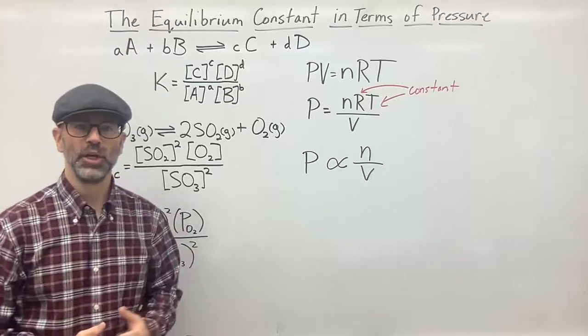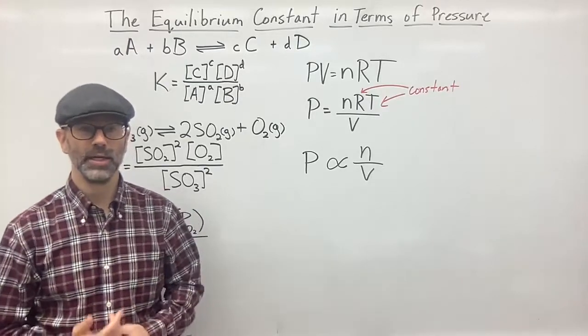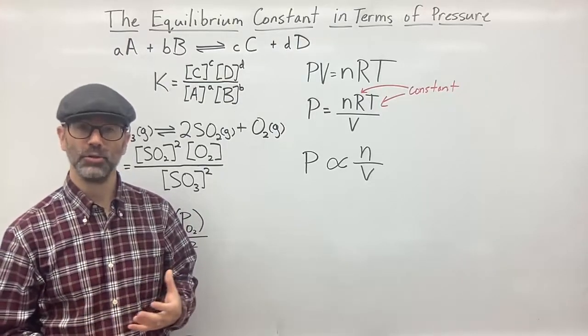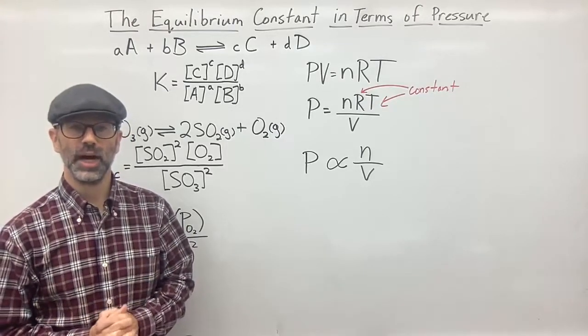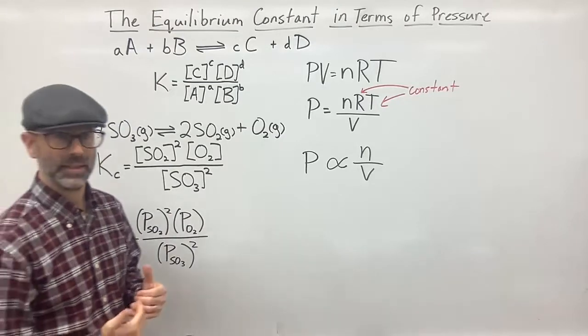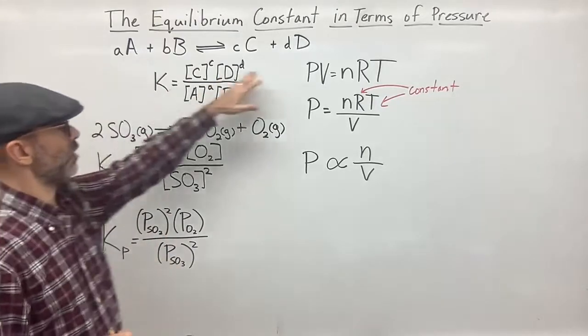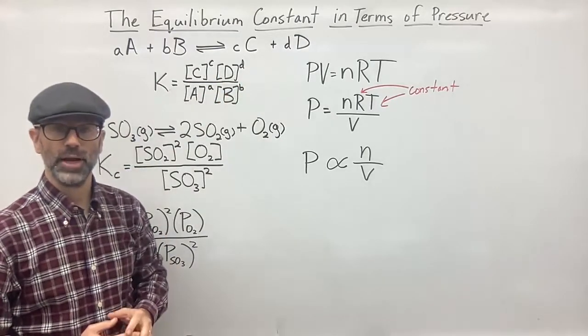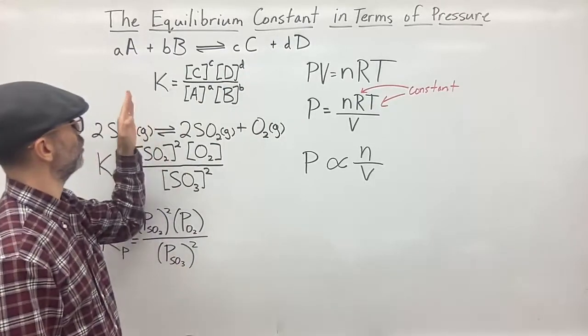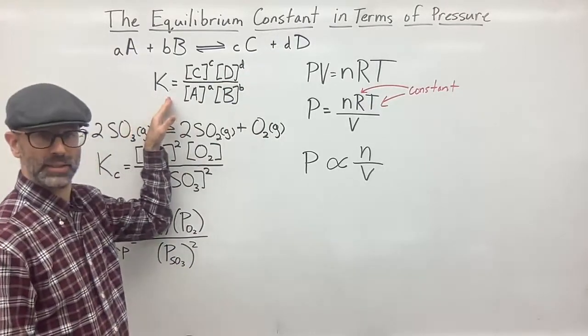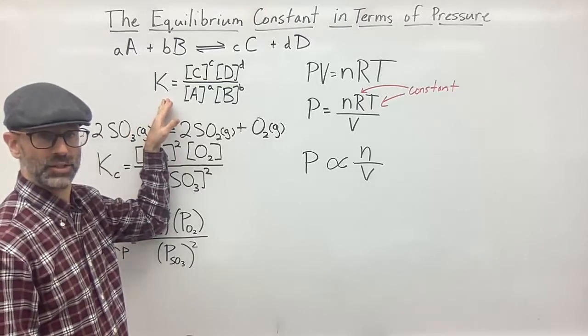So in a previous video I talked about the equilibrium constant and how to write the equilibrium constant, but we've been doing that in terms of concentration. So to go back to that, here's our generic equation for our reaction. And we were talking about last time that you can write the equilibrium constant expression in terms of the concentration.